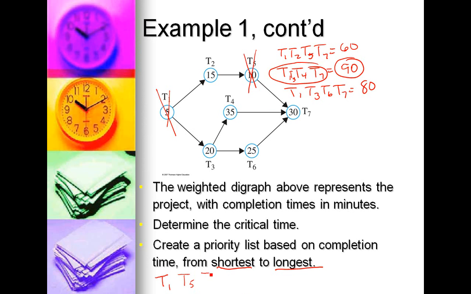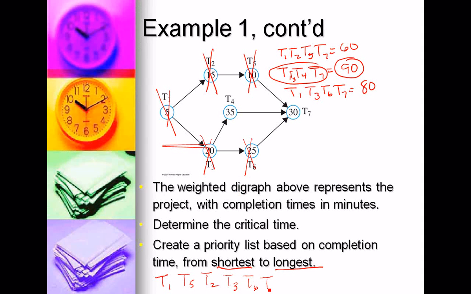Then 15 minutes is T2. 20 minutes is T3. 25 minutes is T6. 30 minutes is T7. And the last one is T4. So that is a priority list based on completion times from the shortest to the longest.